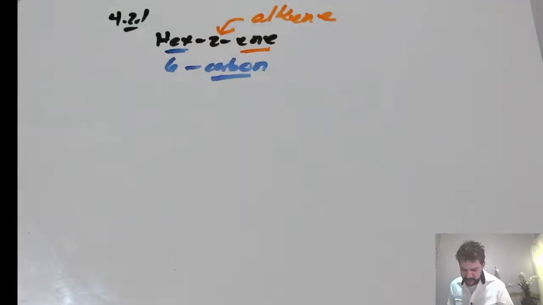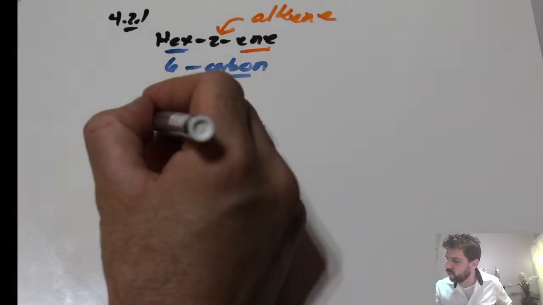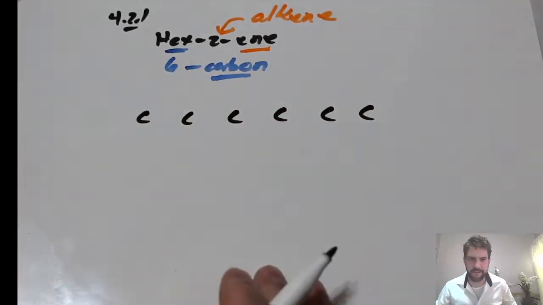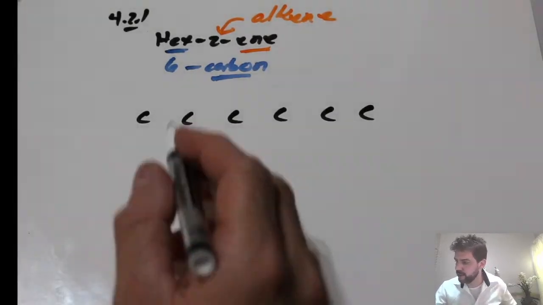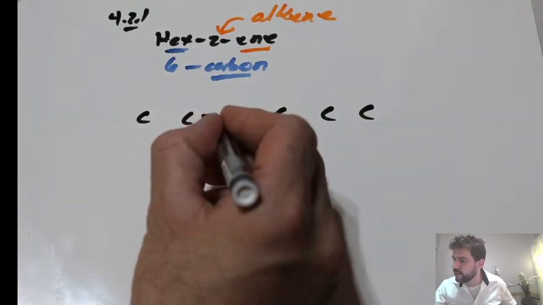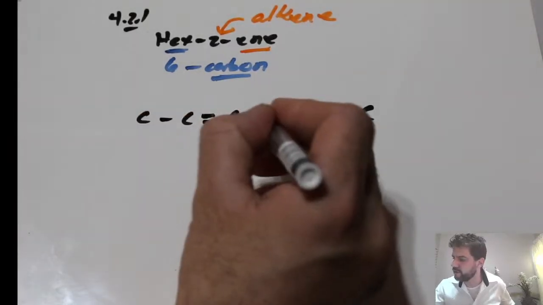Okay, so we have 6 carbons: 1, 2, 3, 4, 5, and 6. This is the compound. This is not the positional isomer. In the second carbon, there is a double bond. So the double bond must be there, and the rest is just completing hydrogens.